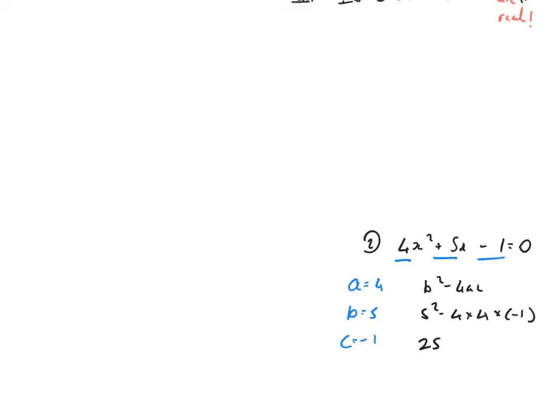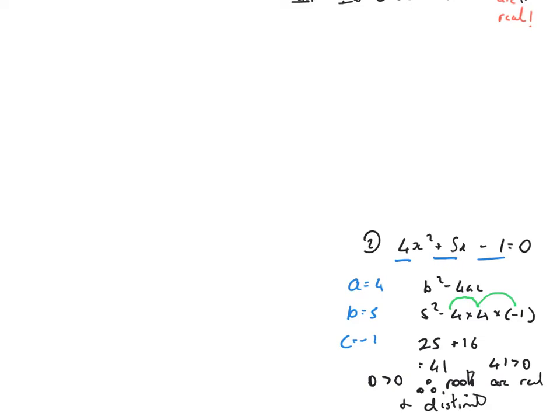Just take your time here. Minus 4 times 4 is minus 16. Minus 16 times minus 1 is plus 16. That's 41. 41 is greater than 0. d is greater than 0. Therefore, roots are real and distinct.